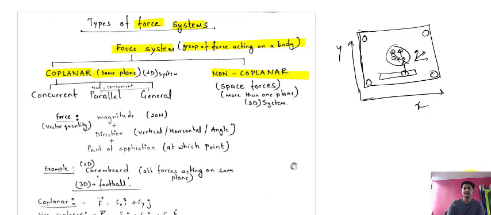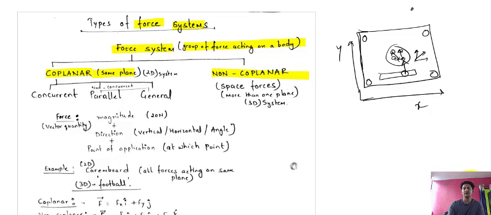But in the case of a non-coplanar system, suppose there are some cases when you strike the striker here and this coin gets lifted in the air and goes out.